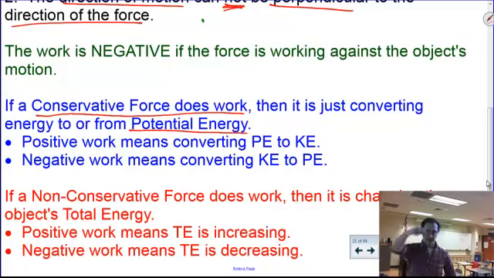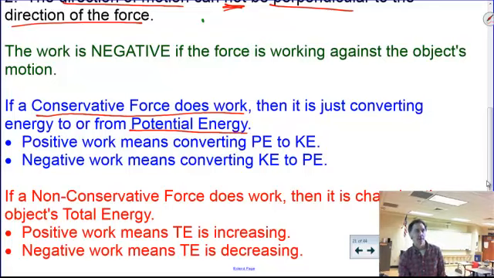If I hold this pen up in the air, right now it's got gravitational potential energy. If I let go of the pen, it falls, and gravity does work on the pen, converting the gravitational potential energy up here to kinetic energy as it falls. So we lose potential energy but gain kinetic energy.